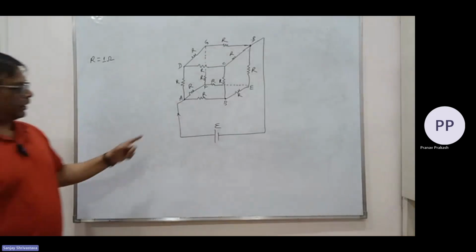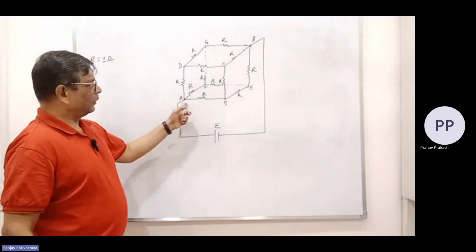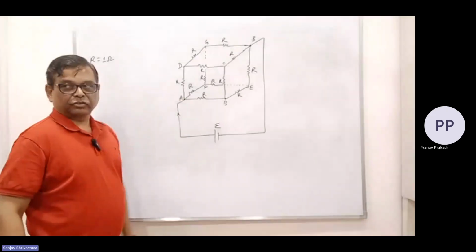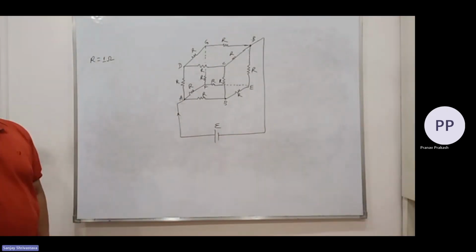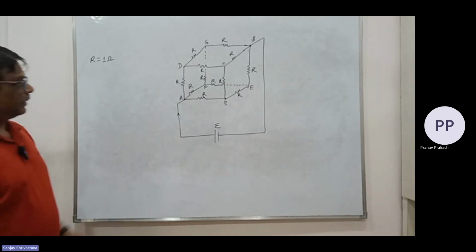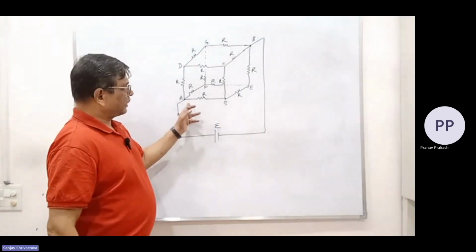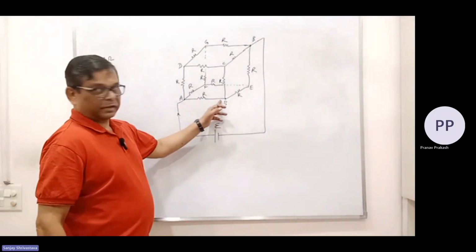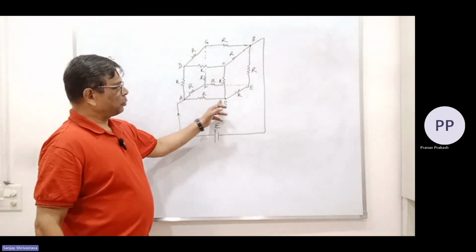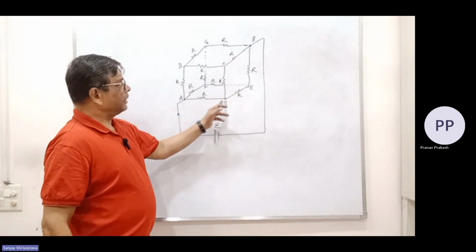That means whatever current is entering at A will get divided equally into three parts. Then the divided current which comes at B will get divided into two parts, BE and BC.